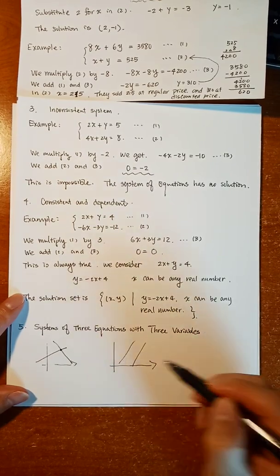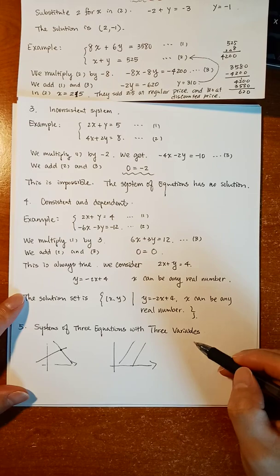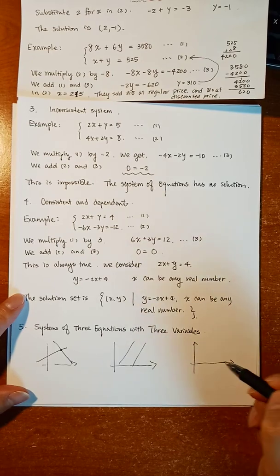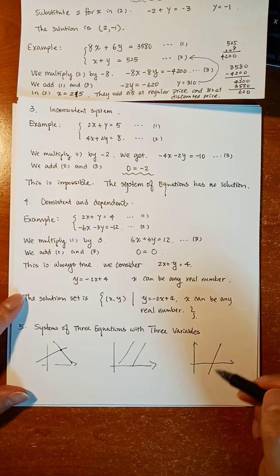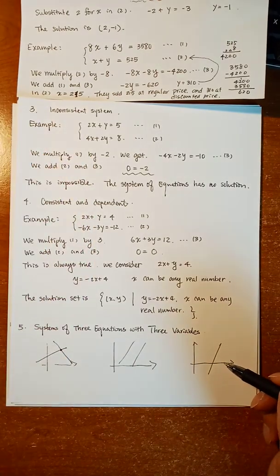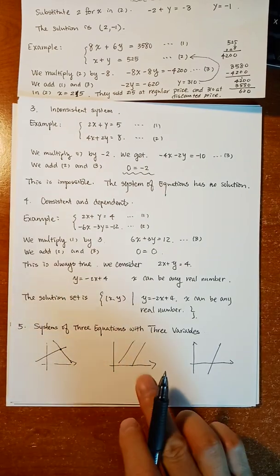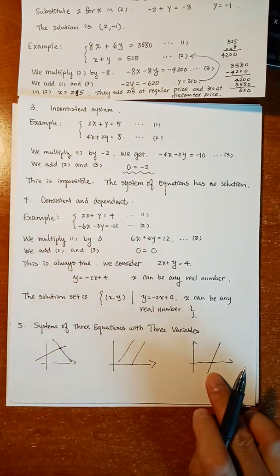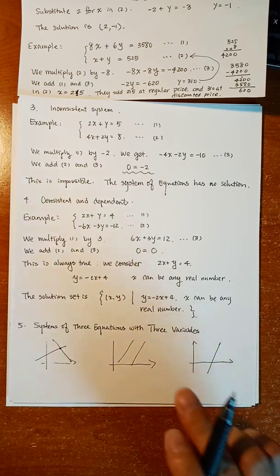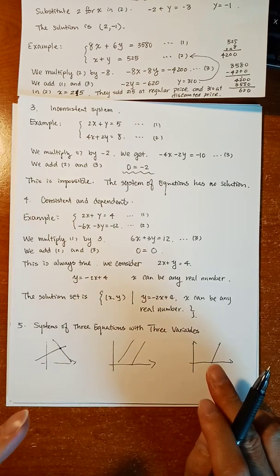This is inconsistent, no solution. This is a consistent but dependent case. Those 2 equations are equivalent. So they are consistent and independent, inconsistent, and consistent but dependent. That's 2 equations, 2 variables.